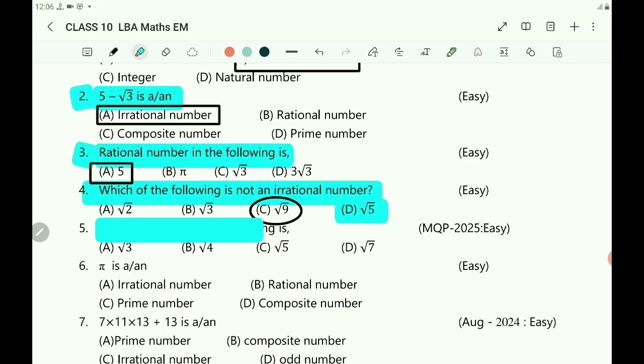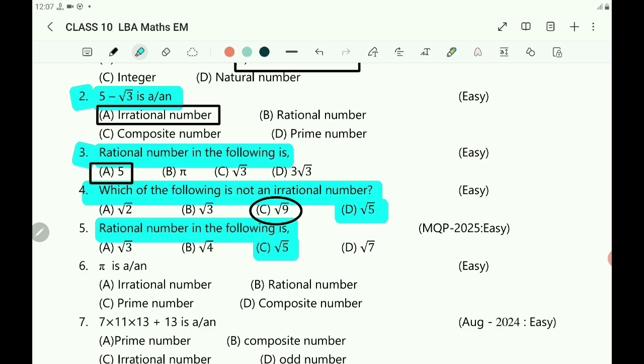Which is the rational number in the following? Again the same question, but it is asked in a different manner. In the fourth question, not irrational means indirectly it is rational. Here directly rational number is asked. So option A, root 3, it is not rational, it is irrational. Root 4 is rational because root 4 equals 2.